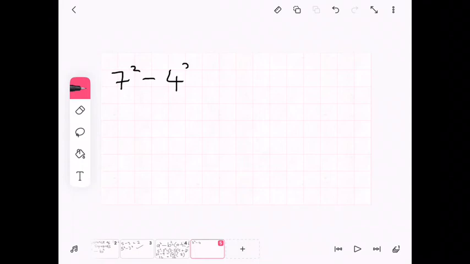Let's try one last example. 7 squared minus 4 squared. 7 squared is 49 and 4 squared is 16.